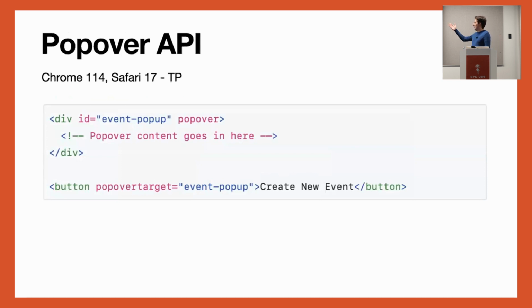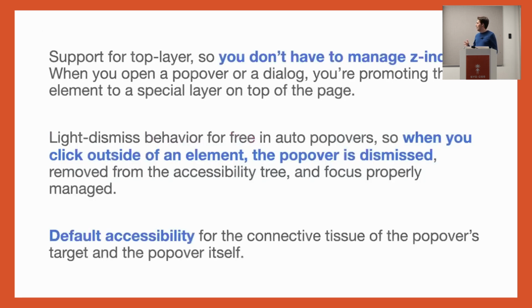You can just add popover to a div to define the actual content of the popover, and then you can add a target to a button to actually invoke that popover. Some of the cool things about popovers, they've got this concept of a top layer, so you don't have to worry about z-index, a million. Having to write a really large z-index just to get it working.